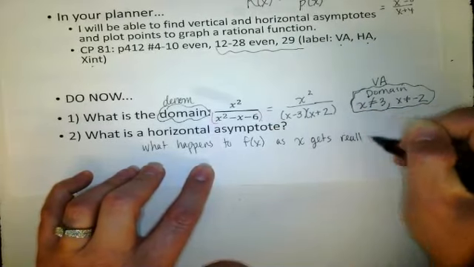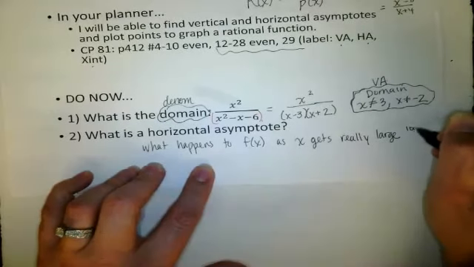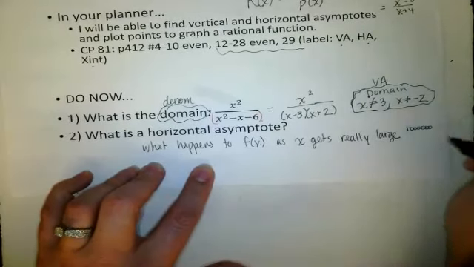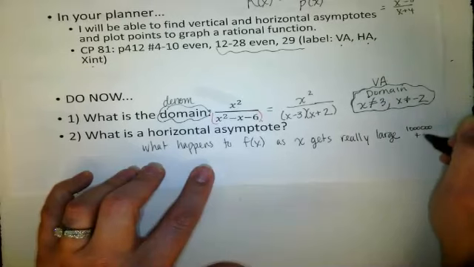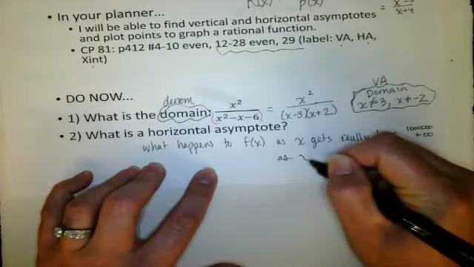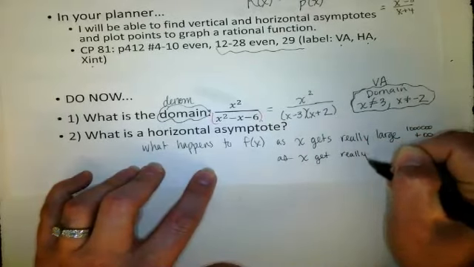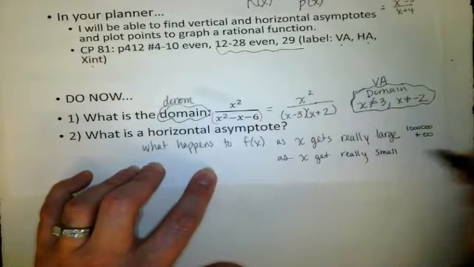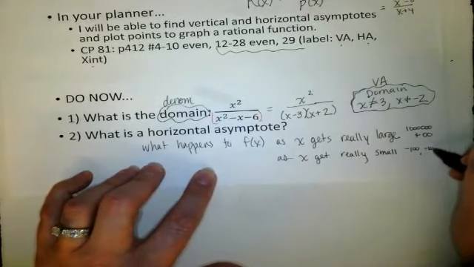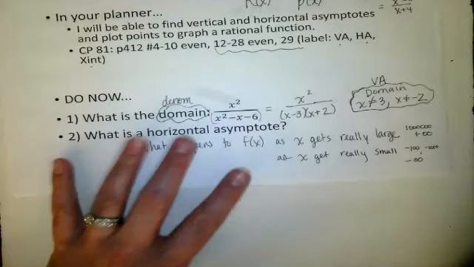Really large, i.e. 1,000,000, or a trillion, or a gazillion, or really as x goes to positive infinity, or as x gets really, really small, like negative 100 or negative 1,000, or really if it goes all the way to negative infinity.